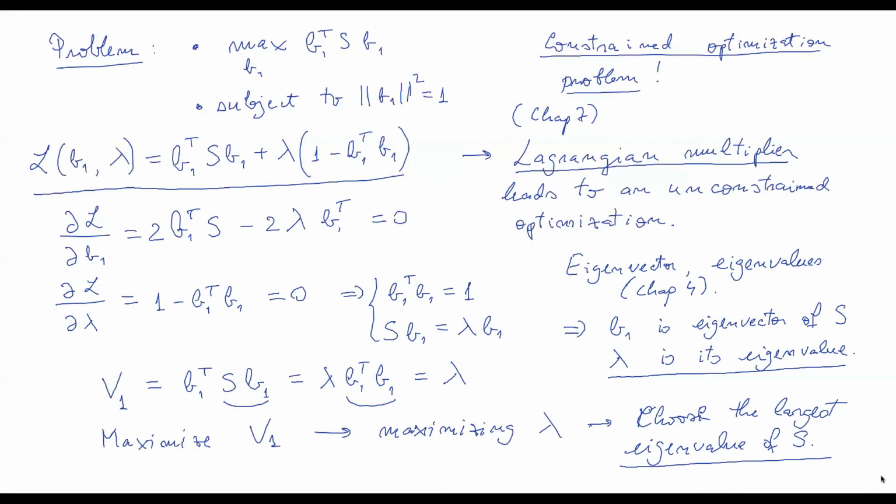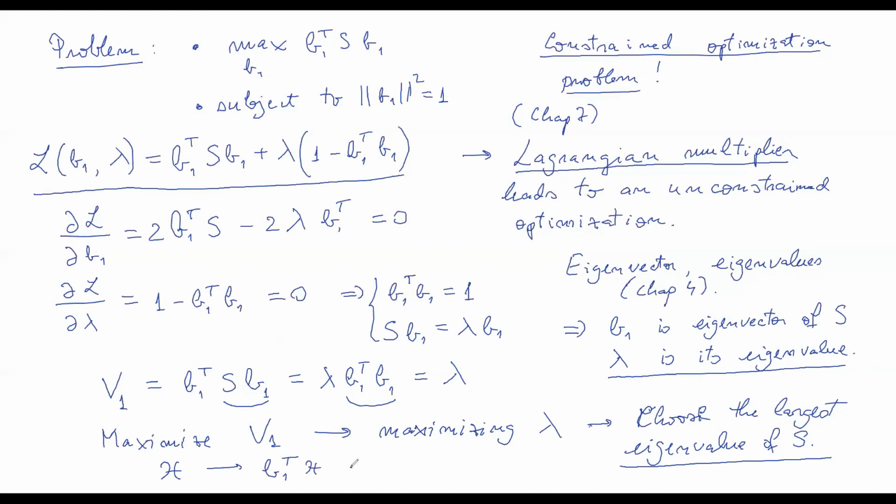So with this idea, from a point X, you are going to get B1 transposed X. That's going to be the projection.